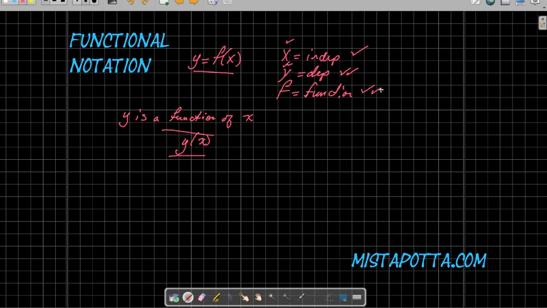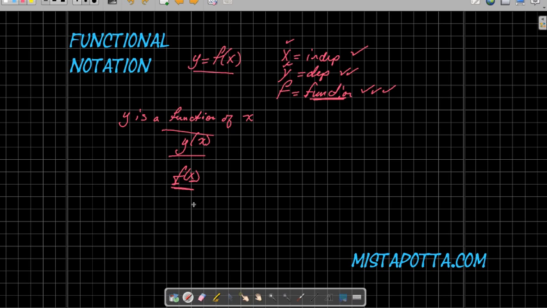And 3, it is a function, which means it matches that definition we talked about, where each element in our domain maps to only one distinct element in our range. So you might see f of x being another way of writing that. In this case, it's clear what my function is. It's clear what my independent variable is. It's just not necessarily clear what my range is.